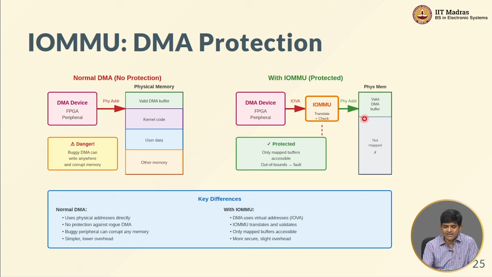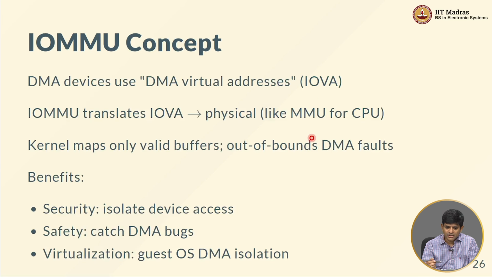If not, it basically just faults, and either crashes or says that it cannot access this particular location in memory. So once the IOMMU is present, DMA devices will not use direct physical addresses, they use something else that is specifically called DMA virtual addresses or IO virtual addresses.